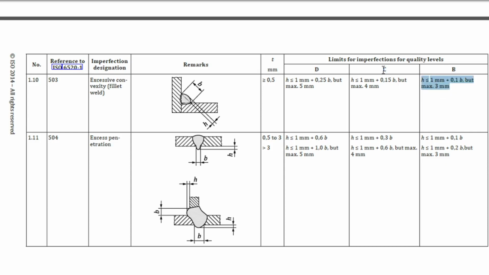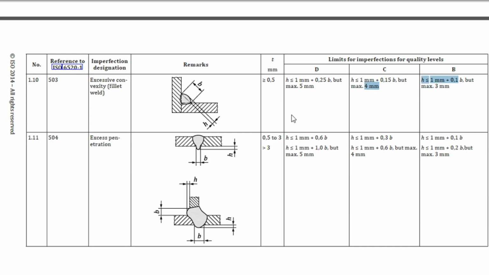For quality level C, height less than or equal to 1 mm plus 0.15 b, but maximum is 4 mm. For quality level D, height less than or equal to 1 mm plus 0.25 b, but maximum is 5 mm. These are the things we have to know, how we need to refer to our code book and standards.